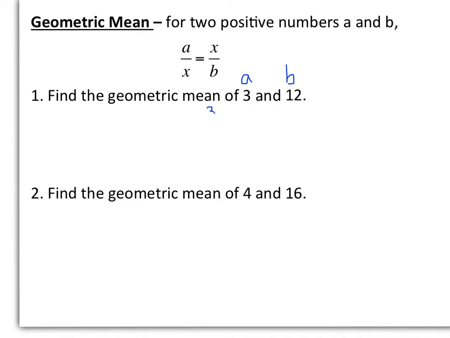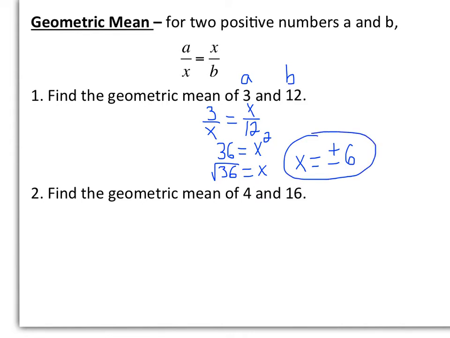So we can say that 3 is to x as x is to 12. And then take the cross product. 3 times 12 is 36. X times x is x squared. So the square root of 36 equals x. And we can simplify that as x is equal to positive and negative 6.